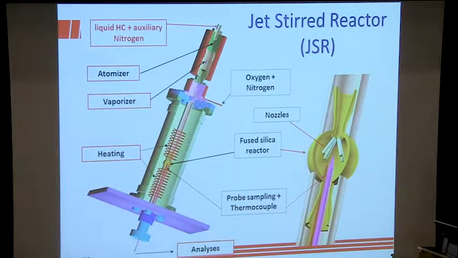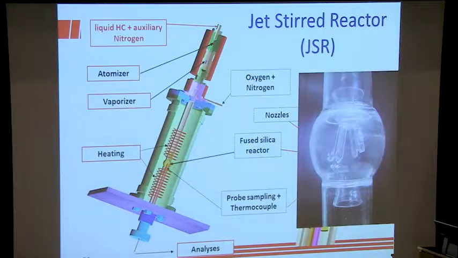So there's one thing I always ask. So this is fused silica. This is what it looks like in real life. It's glass, right? Ultimately, glass. And here are the jets. They're at right angles so that the gas gets very well mixed very quickly inside the reactor. And you can have the thing coming out here.